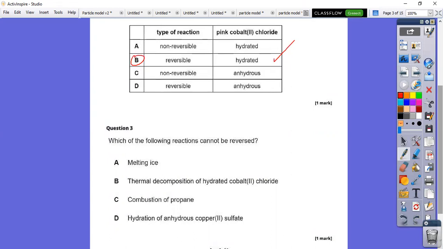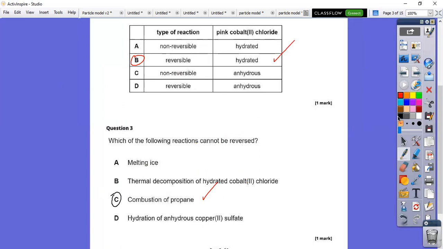Would it be combustion of propane? Correct. Would this be reversible if you did it in a closed vessel? I think so.